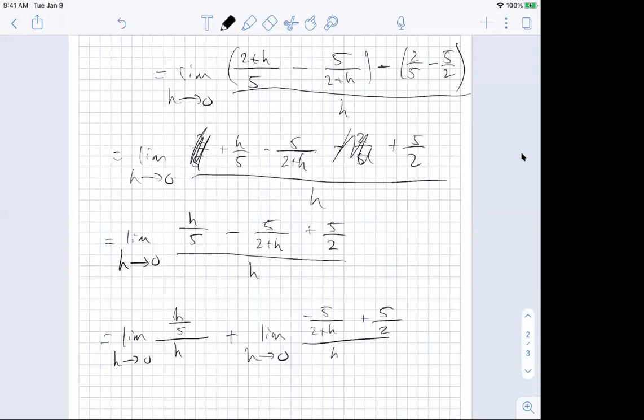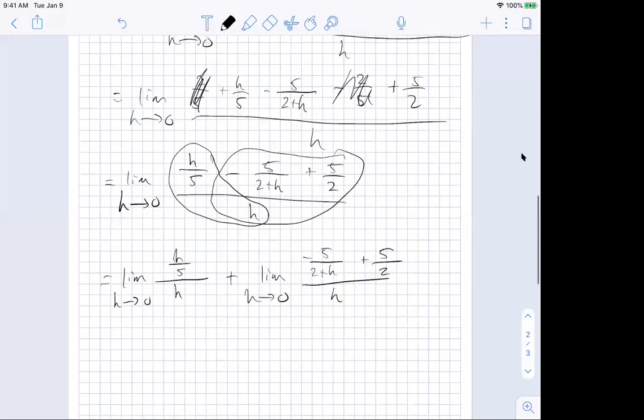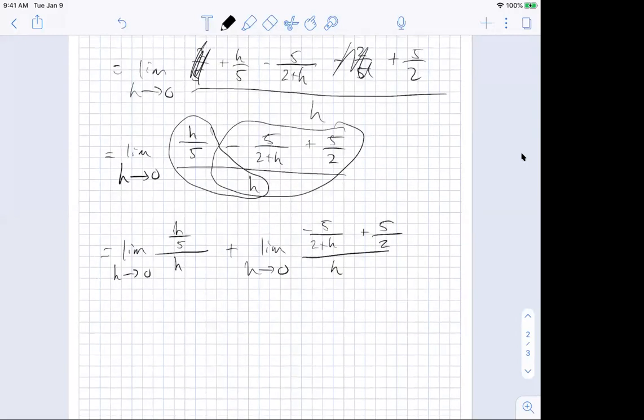So everybody sees that I just broke this up into that plus that. Okay. All right, what happens in this limit?